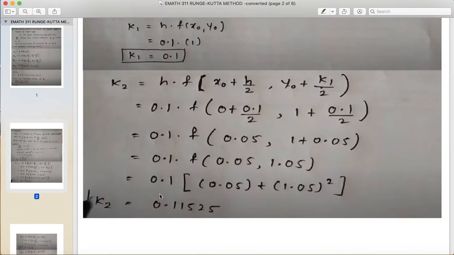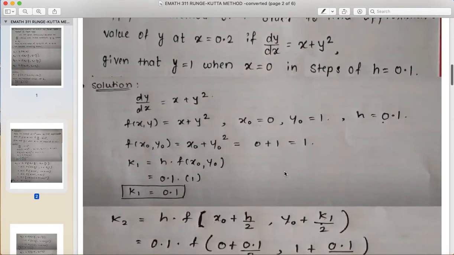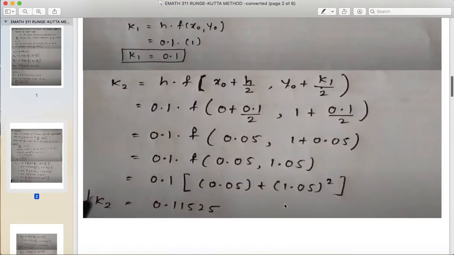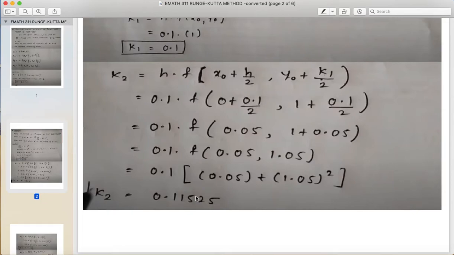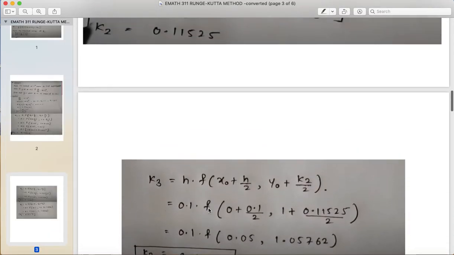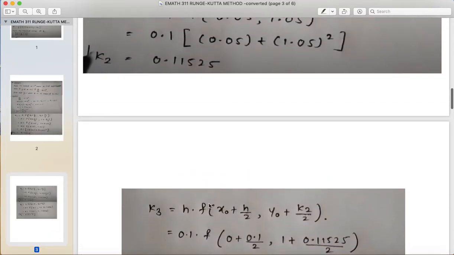We have 0.1 times 0.05 plus y squared. Look at the given example here, it's y squared, so we need to square this, which is 1.05 squared. So we get that k2 is equal to 0.11525.